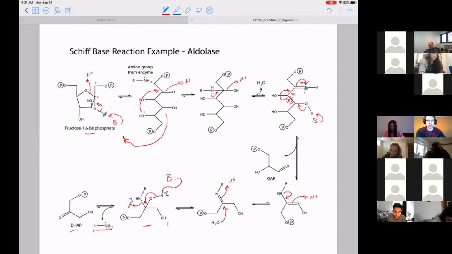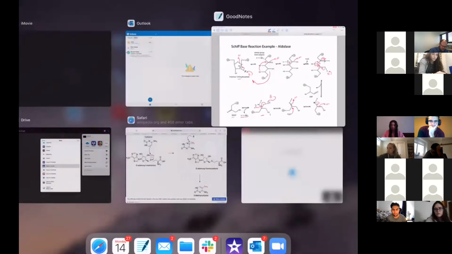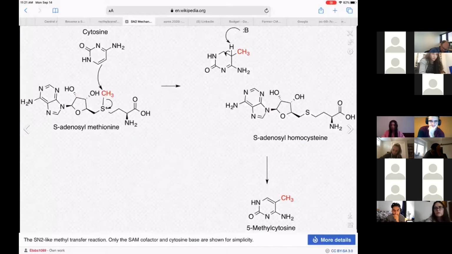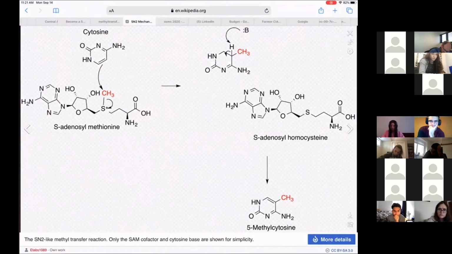So if you have a double bond to oxygen and it's converted into a single bond to oxygen with an extra hydrogen, that is reduced relative to the original molecule. Does that make sense? You want me to draw that? I can draw that if that's helpful.